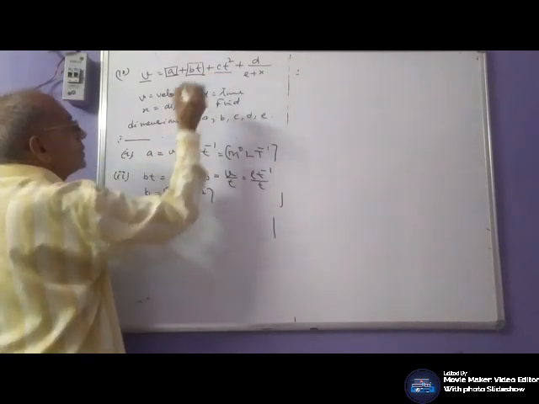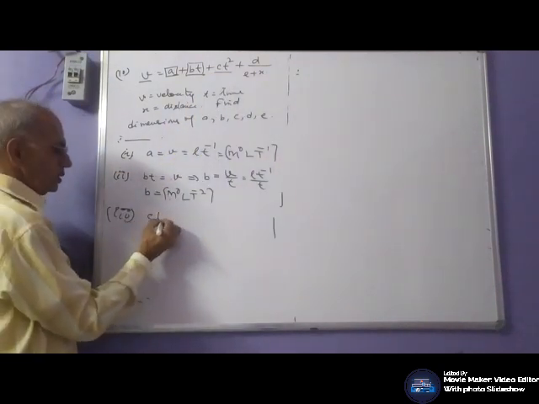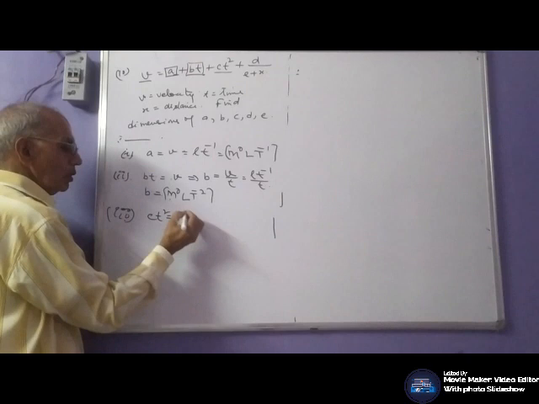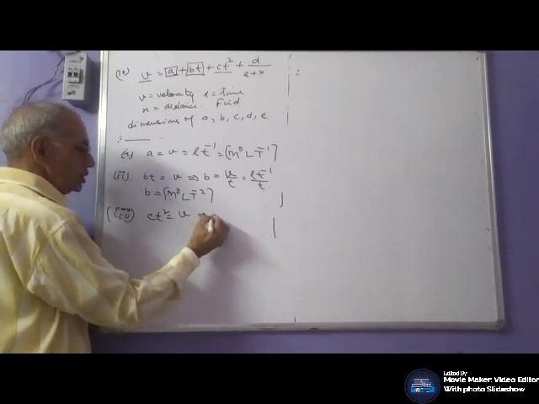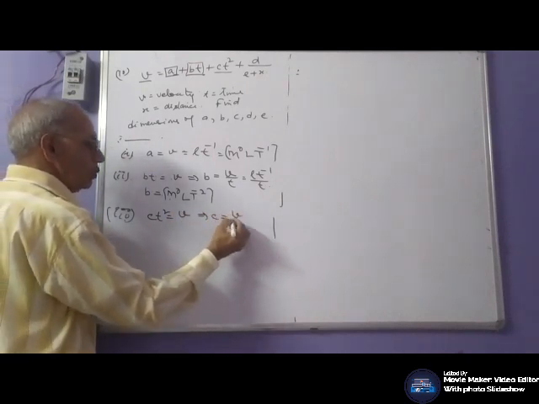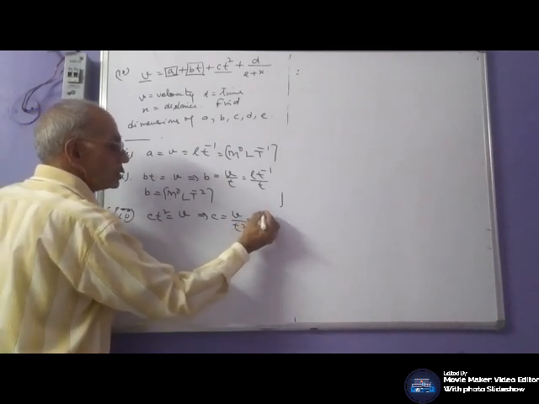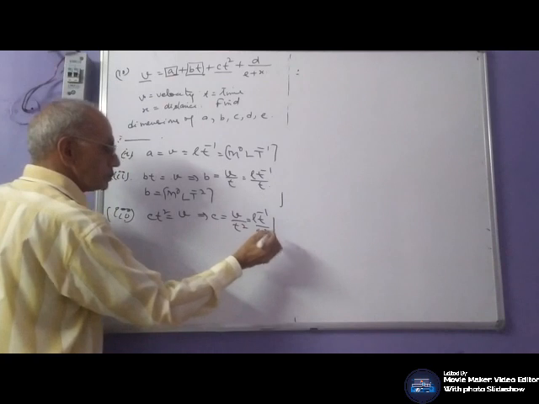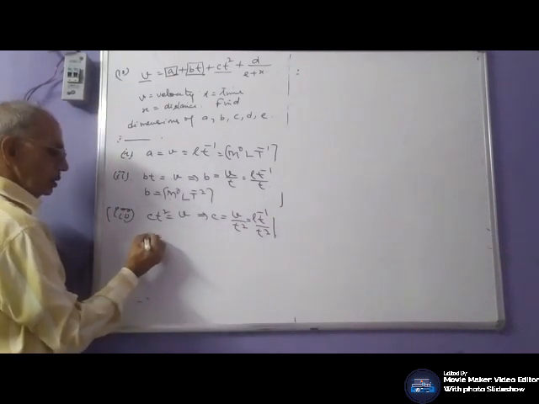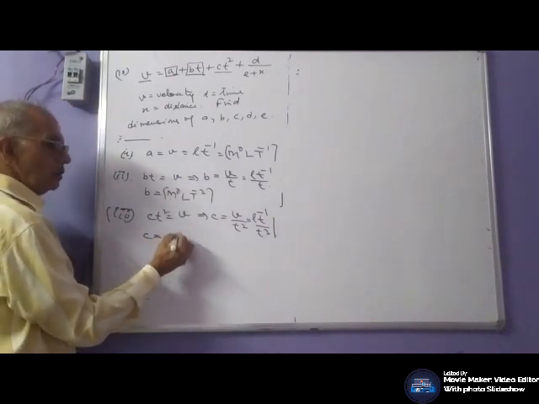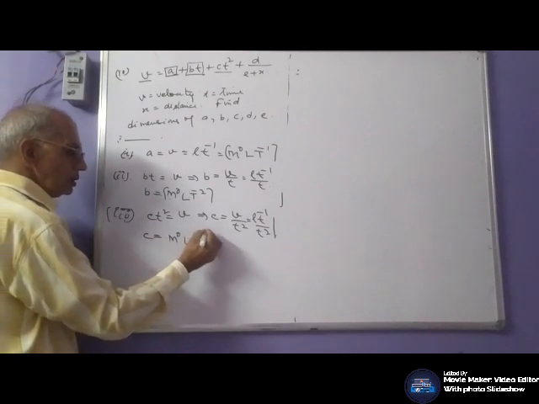What is this? Ct square is velocity, so C is V by T square. V is S by T. So C is M0 L T minus 3.